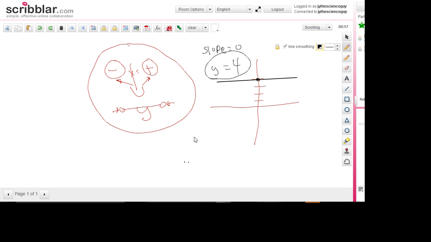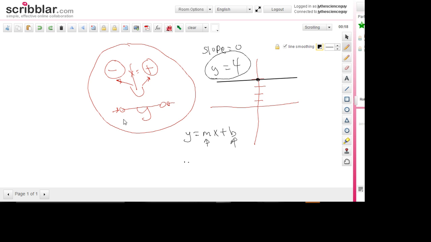4. If you look at the equation for a line, it's y is equal to mx plus b, right? What does the m represent? The slope. And what does the b represent? The y-intercept. Okay, so let's look at that line that I just drew.